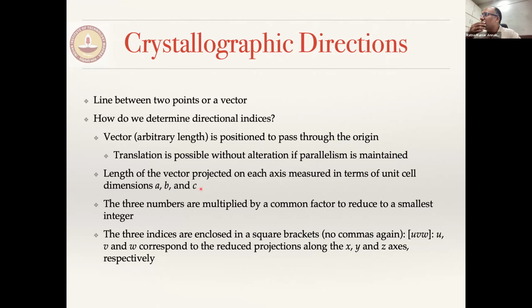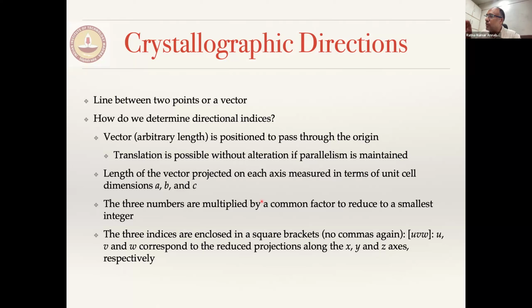All you need to do is multiply these 3 numbers A, B, C with a common factor so that all 3 numbers are reduced to the smallest possible integers. All 3 should be multiplied with the same factor so that there are no fractions and everything is an integer.